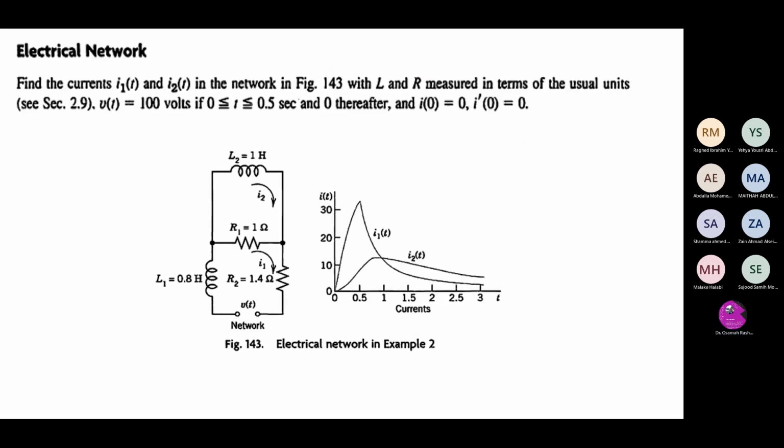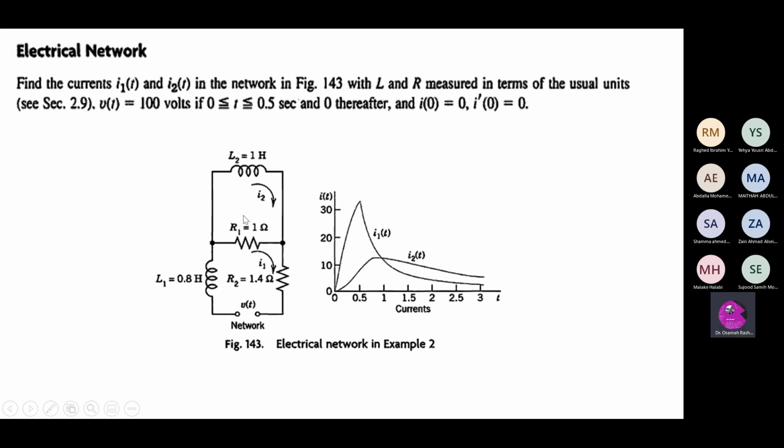Okay, we have this electrical network. We have two loops, with a different current in each loop, but there are things in common between the two loops, like this resistance.